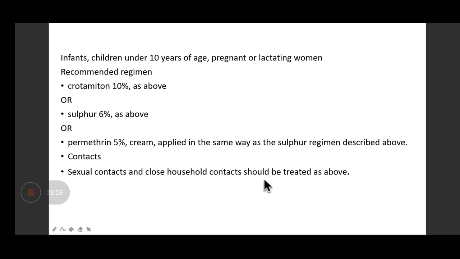All the sexual contacts and close household contacts have to be treated. This is very important, because otherwise this infection will not go. We have to treat all the contacts, irrespective of whether they have an infection or not.